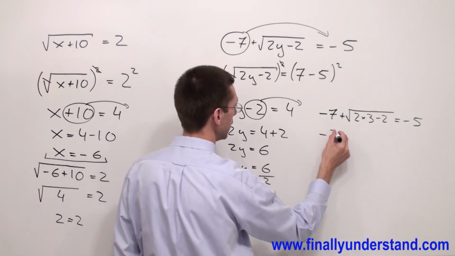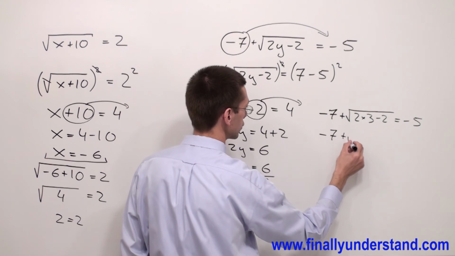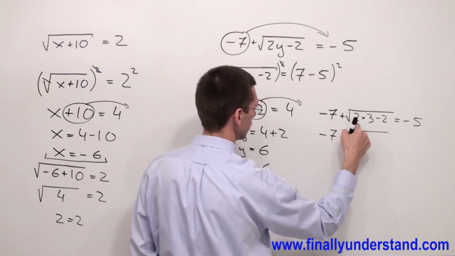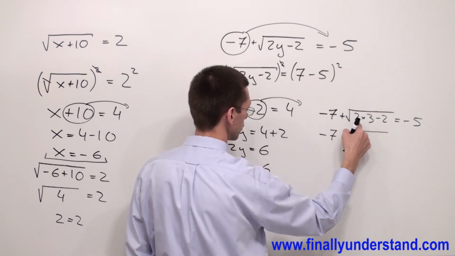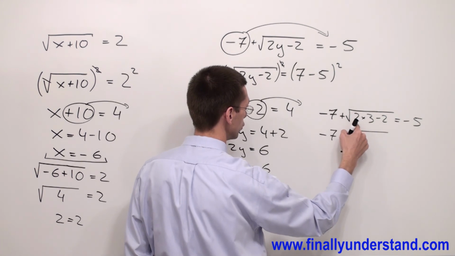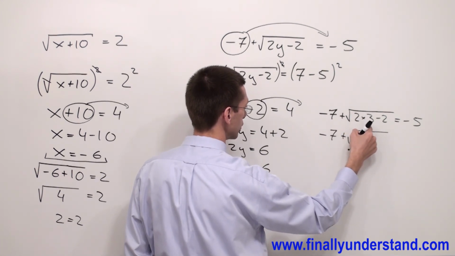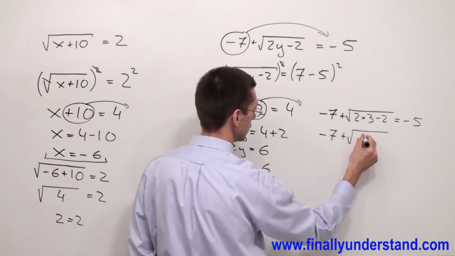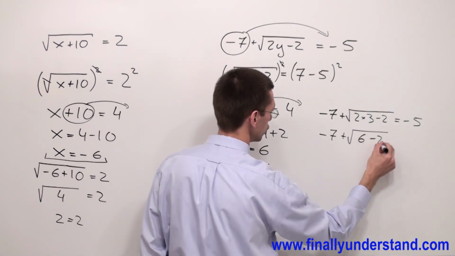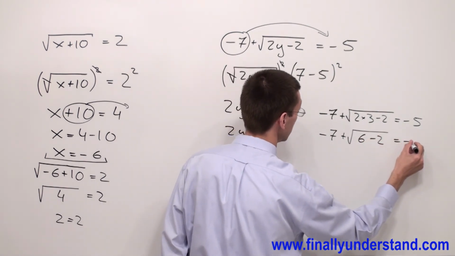I have to keep the order of operations. I have to do multiplication first. So I have 2 times 3 is equal to 6, minus 2 has to be equal to negative 5.